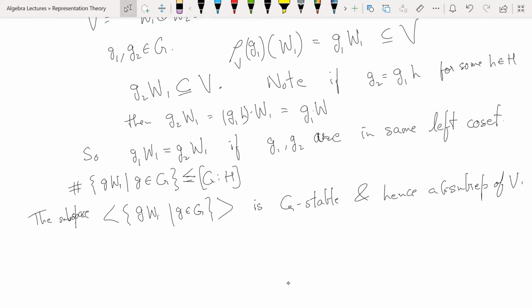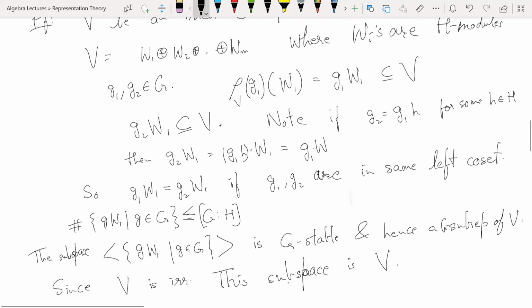Since V is irreducible, this subspace has to be the whole of V. And what can be the dimension of this subspace?